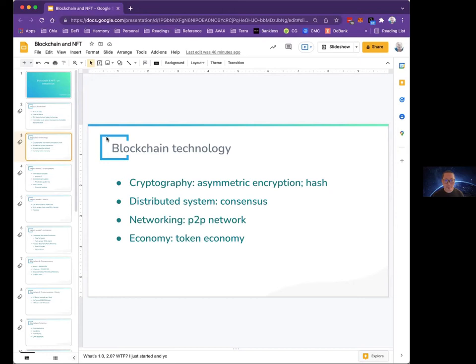And the last thing I mention is the economy. This is very different from traditional computer science subjects. The economy, especially the token economy, is the foundation of any blockchain application. We may not cover the detail here, but remember, it's not just a technology aggregation, it's also combined with the token economy. That makes blockchain technology so unique and useful right now.